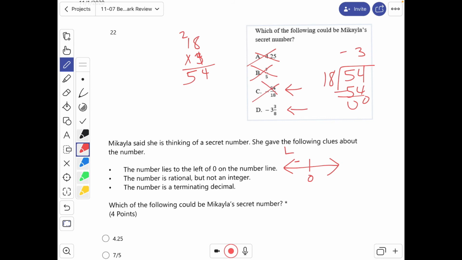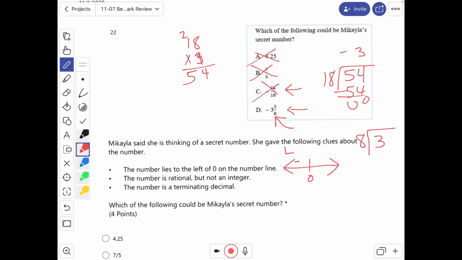The last clue says the number is a terminating decimal. Well, is -3 3/8? Remember, if I'm changing it to a decimal, I'm not messing with the whole number in front. I'm just dividing out the fraction part.